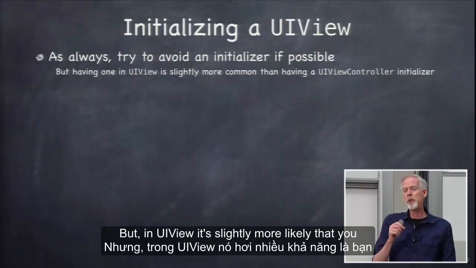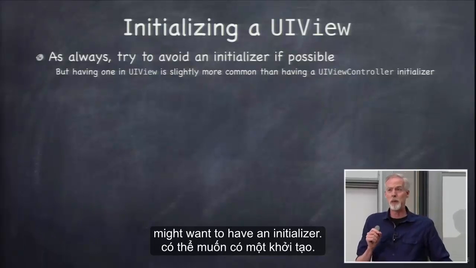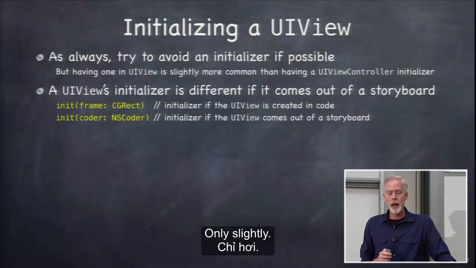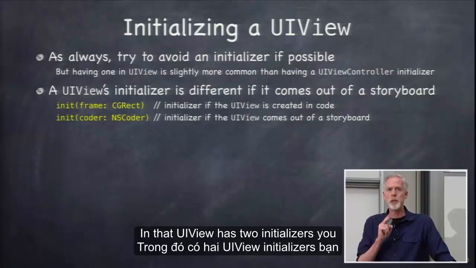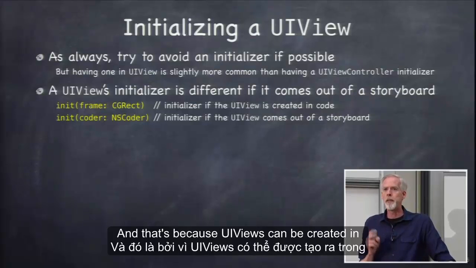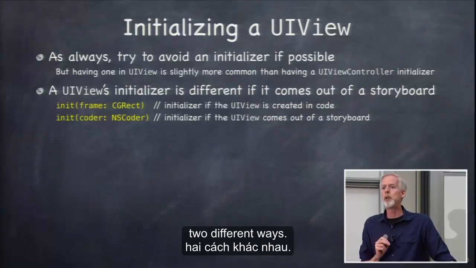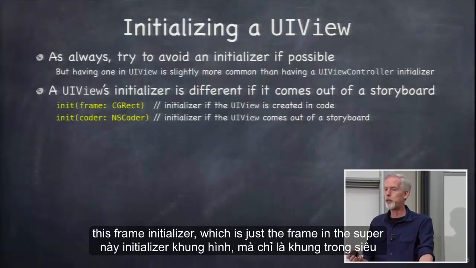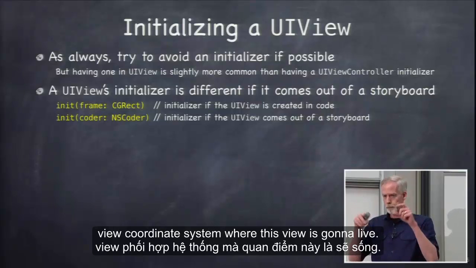But in UIView, it's actually slightly more likely that you might want to have an initializer. It's a slightly complicated thing, only slightly, in that UIView has two initializers that you have to deal with. That's because UIViews can be created in two different ways. In code, by just saying UIView and this frame initializer, which is just the frame in the superview coordinate system where this view is going to live.